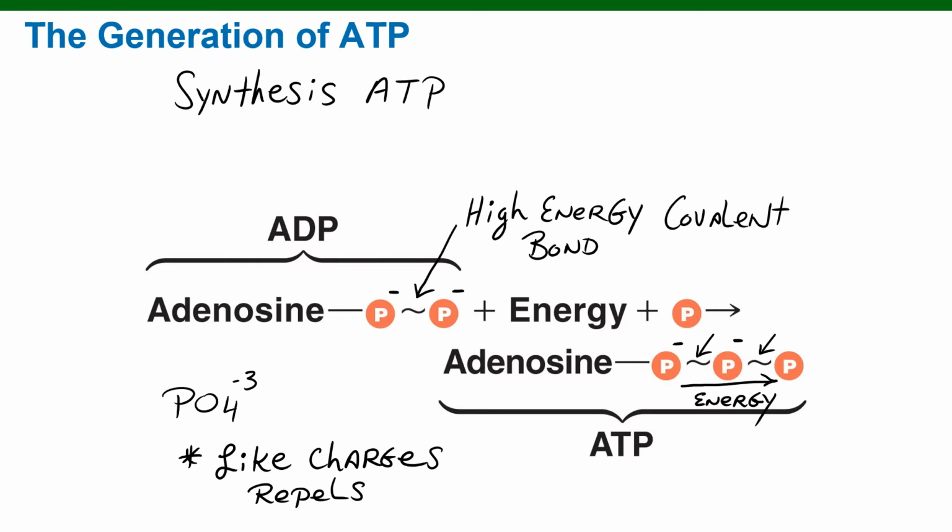And so when we look at ATP structure, each one of these phosphate groups has an individual label or name. This is the alpha phosphate, and it has the least amount of energy. If adenosine has one phosphate, it's called adenosine monophosphate, or AMP.